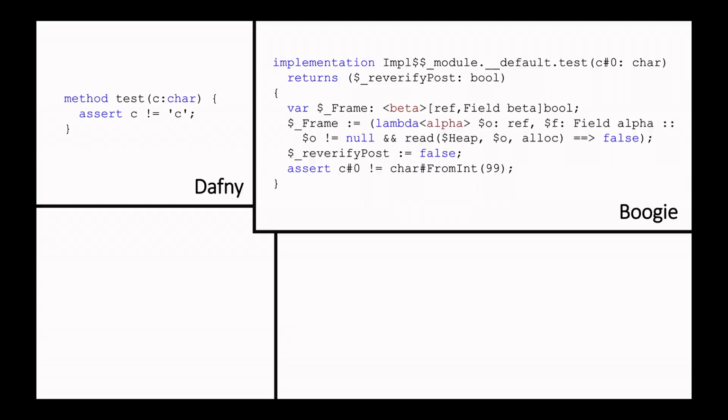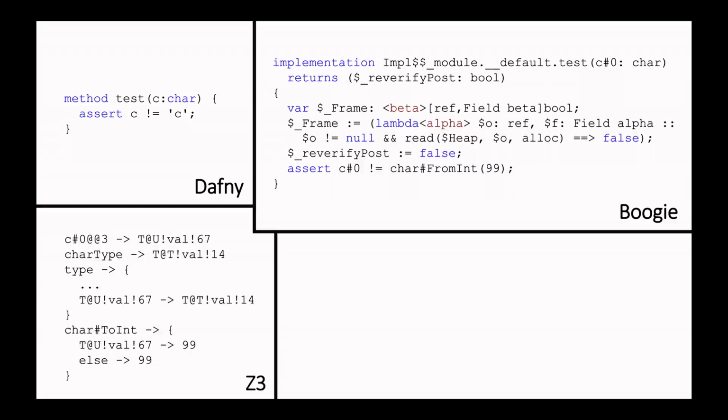Now Boogie, in turn, translates this program to a query to the underlying theorem prover, usually Z3. And Z3, if it fails to verify the query, provides something called counterexample model.